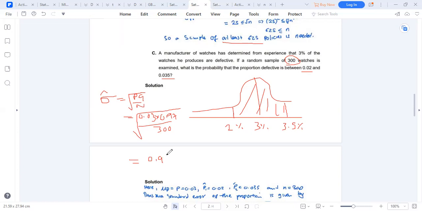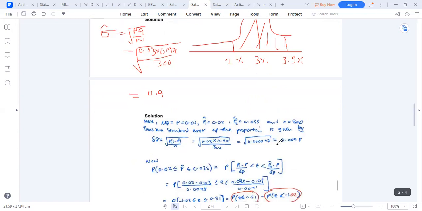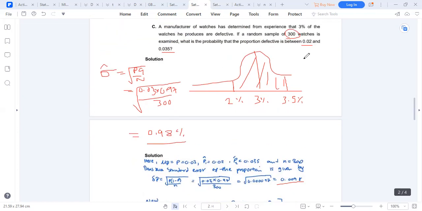When you multiply times 100 in percentage, you're going to find 0.0098. So this is the same as 0.98%. So standard deviation will be what? 0.98%, right? Are you together? Yes.